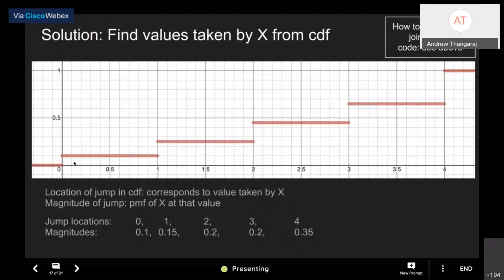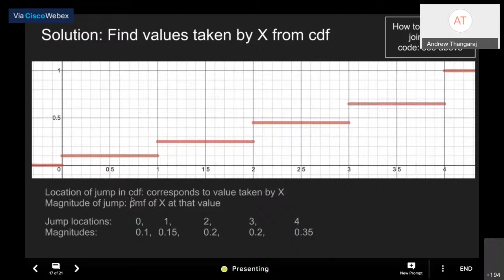You have the x-axis which goes 0, 0.5, 1, etc. For x less than 0, it is 0. For x between 0 and 1, it is 0.1. Between 1 and 2, it's 0.25. Between 2 and 3, it's 0.35. Between 3 and 4, it's 0.65. Then after 4, it is 1.